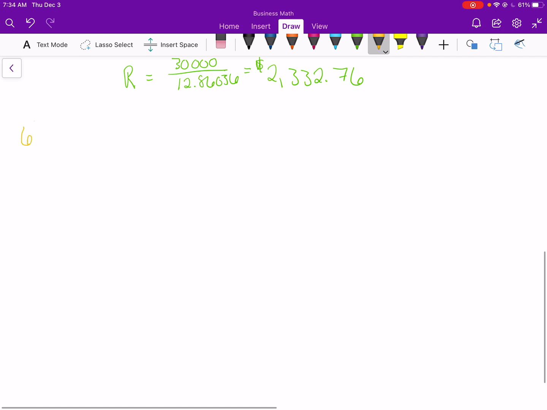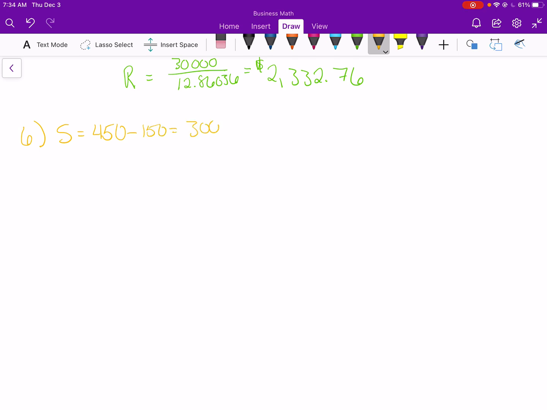Number 6, a washing machine sells for $450. If May puts $150 down, how much should she pay each month for the next 12 months if she finances the appliance? So assume that finance charges are 15% per year compounded monthly. So our total financed value is going to be the cost minus the down payment.